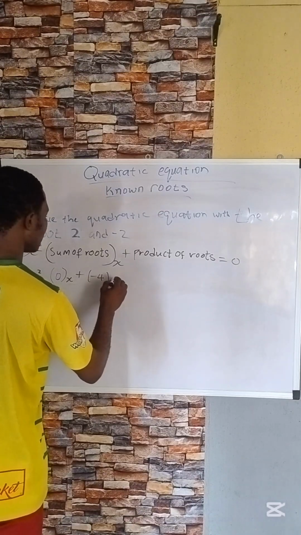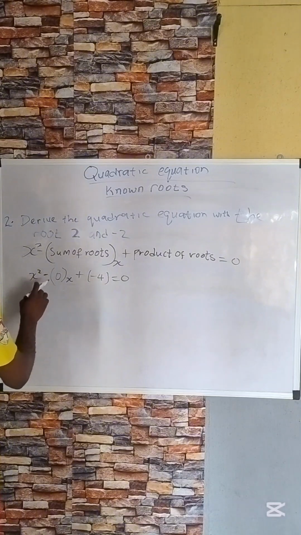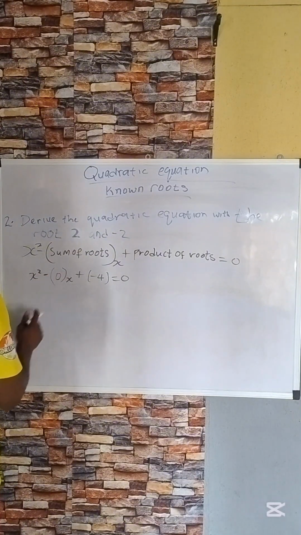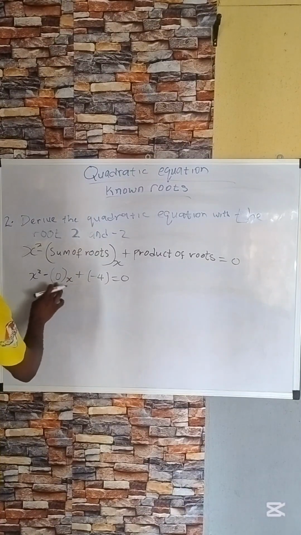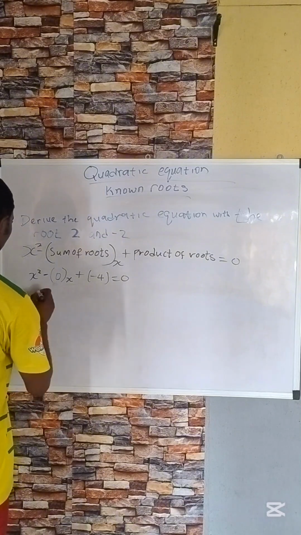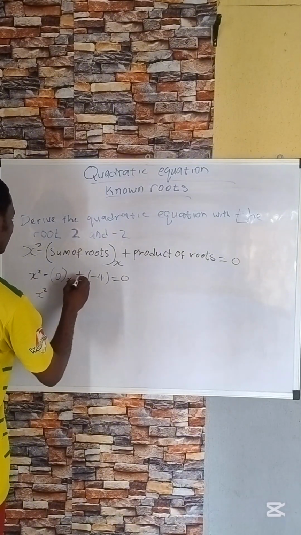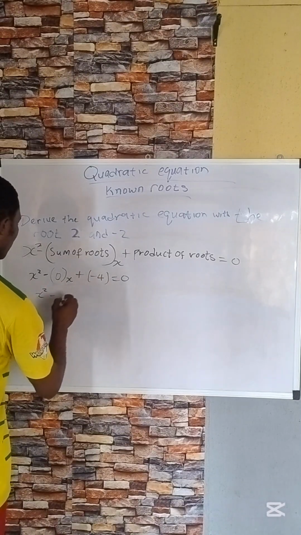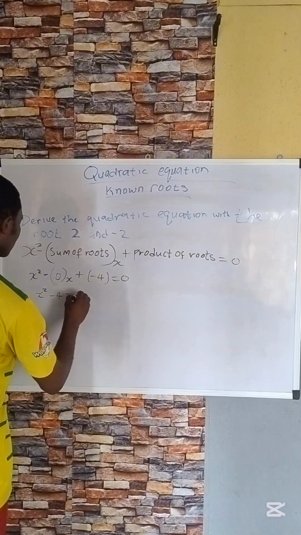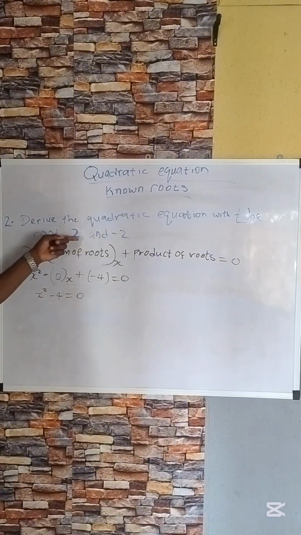So this is practically nothing for the 0x term, because 0 doesn't count here. So this is x squared minus 4 equal to 0. And this is our quadratic that gave us these roots.